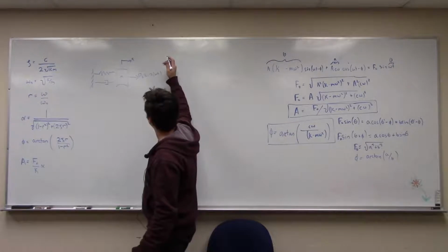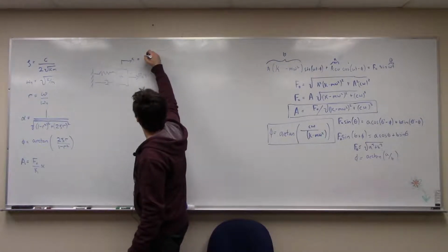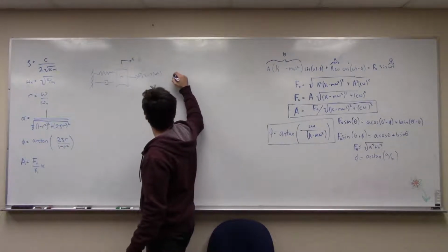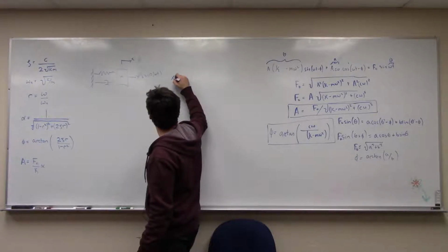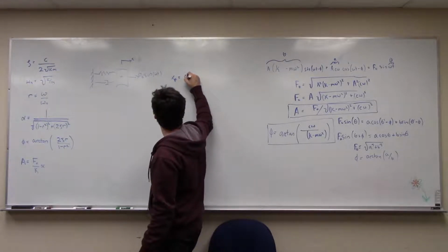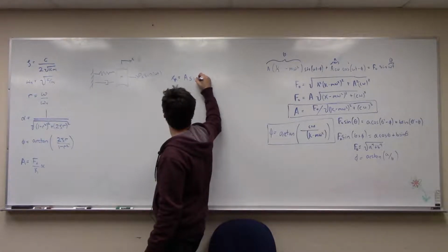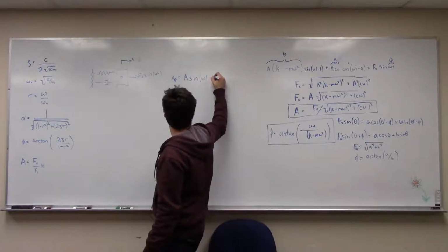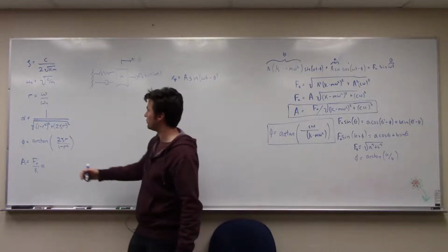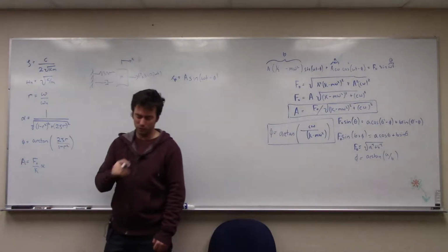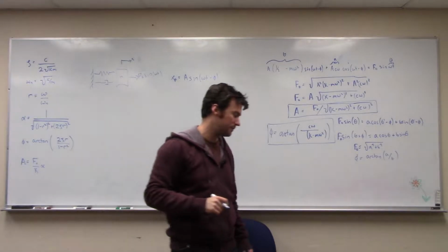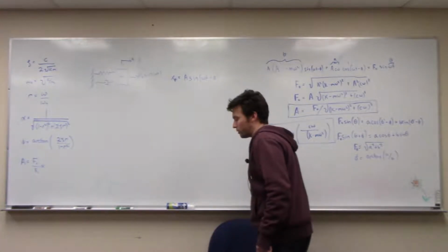The particular solution is xp equals A sine of omega t minus phi, where the amplitude is defined here and the phase is here.